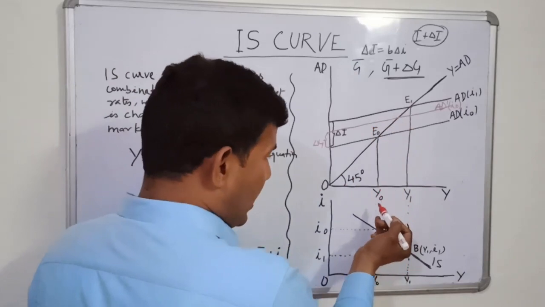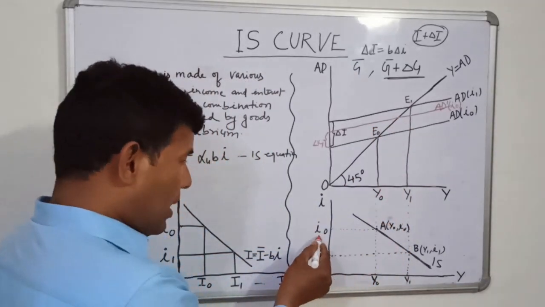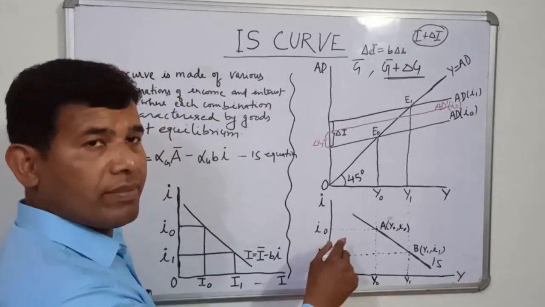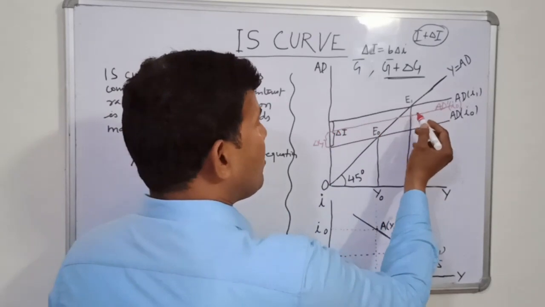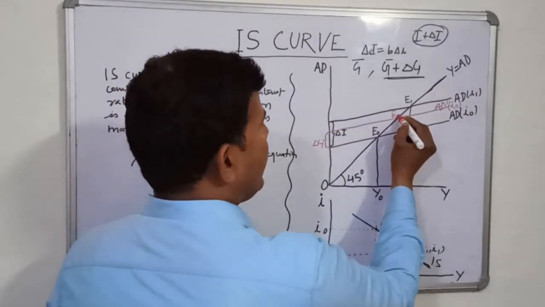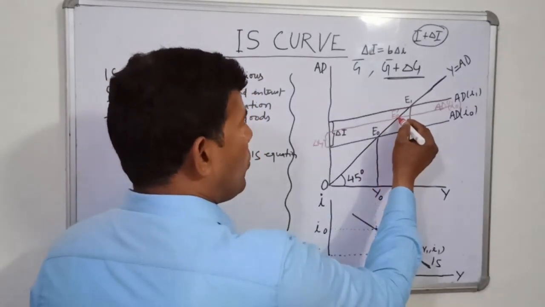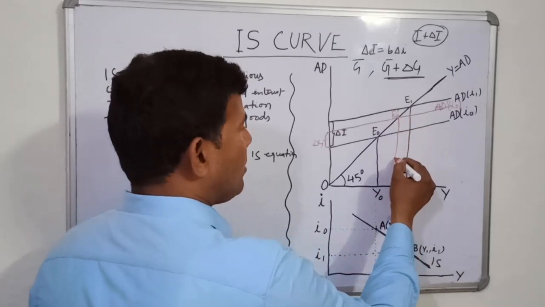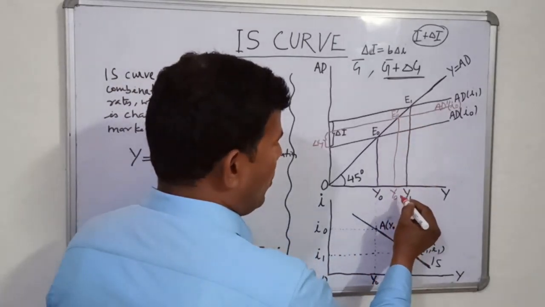Now, is Y0 the equilibrium level of income corresponding to the I0 interest rate? No, because the aggregate demand is intersecting the 45-degree line at E0 dash, right? And what will then be the equilibrium level of income? Y0 dash.